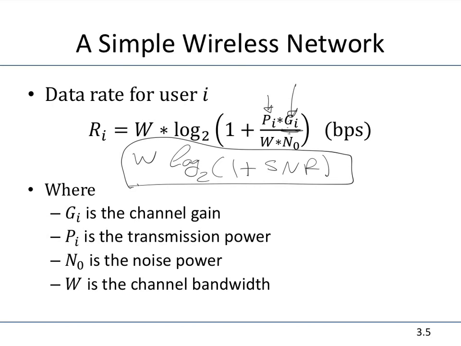They send on 2 different frequencies. So the only limitation here is that the base station has a certain power budget, and it needs to split this power budget between the 2 users. That's the only constraint now.